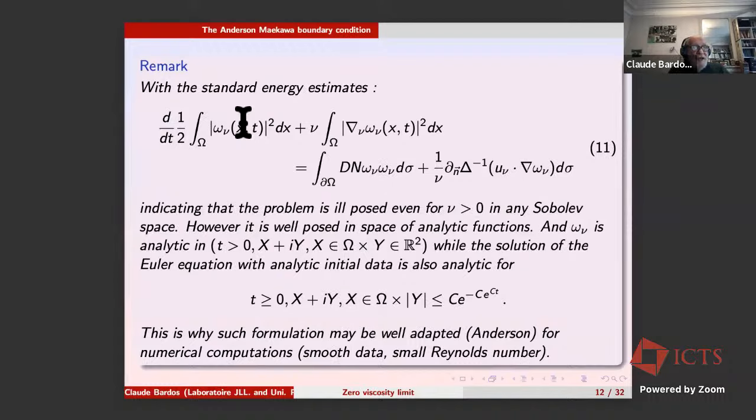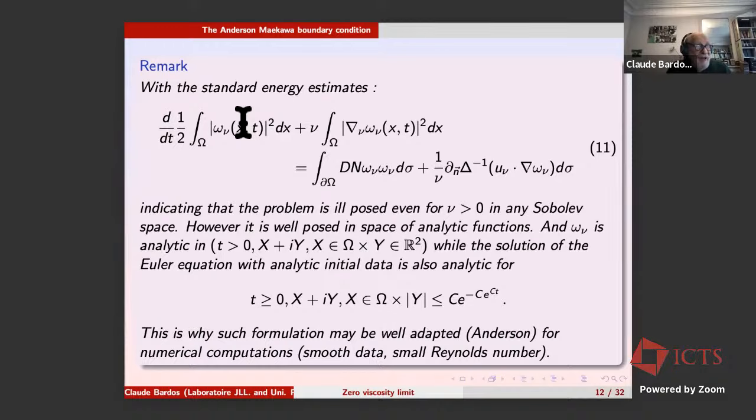The reason is that if you make numerical computation for finite time, then you have a discretization, and you have an evolution equation which is dependent on time in finite dimension.